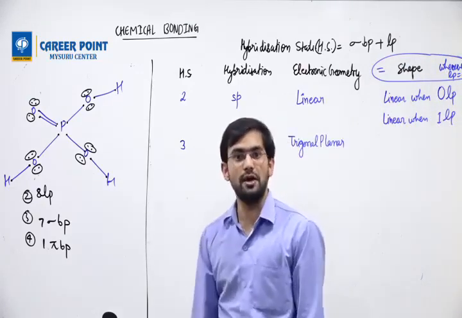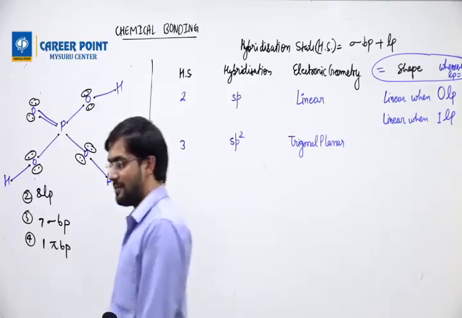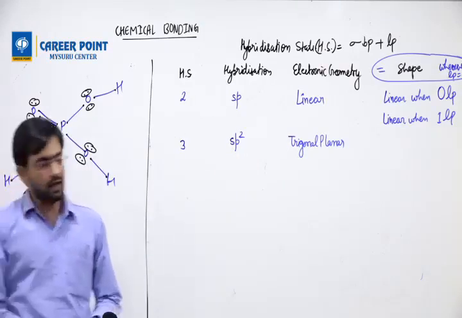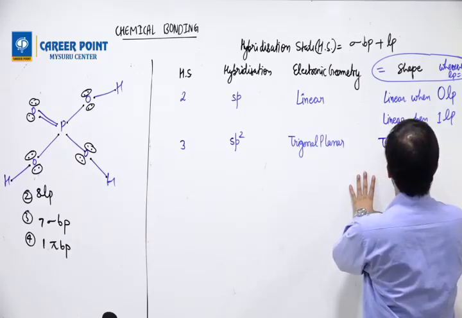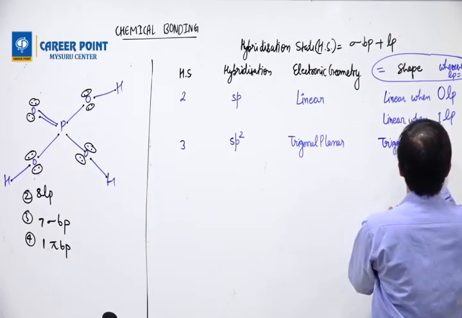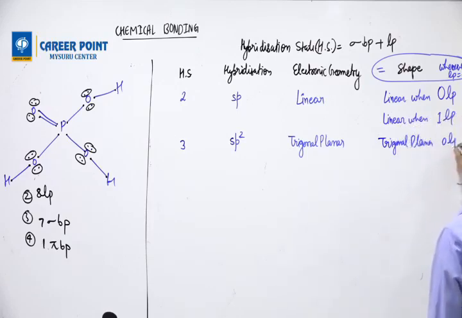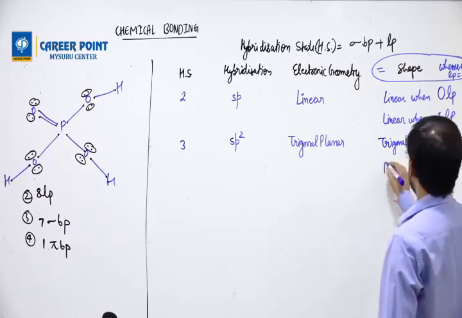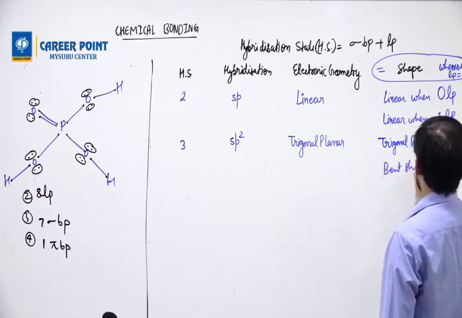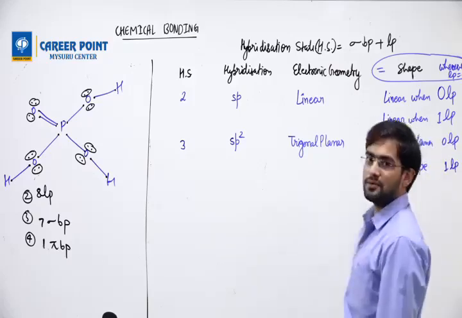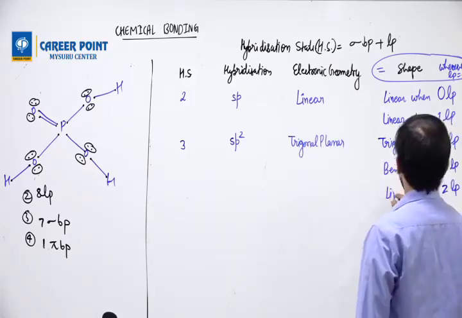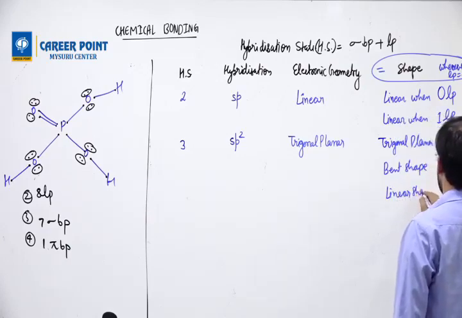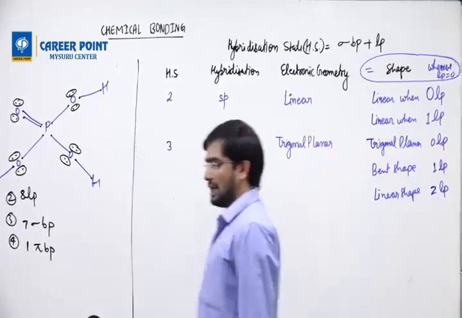So trigonal planar. If I'm writing trigonal planar, that means it has 0 lone pair. But if you have one lone pair, then its shape becomes bent shape. And if you get 2 lone pairs, it becomes linear shape.